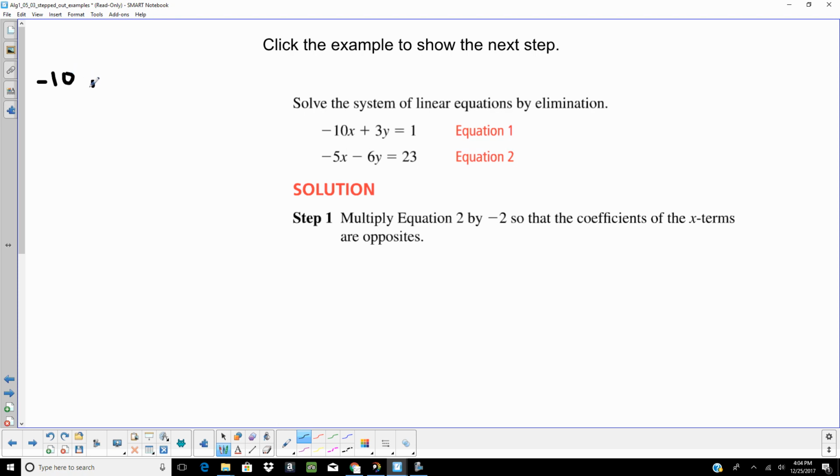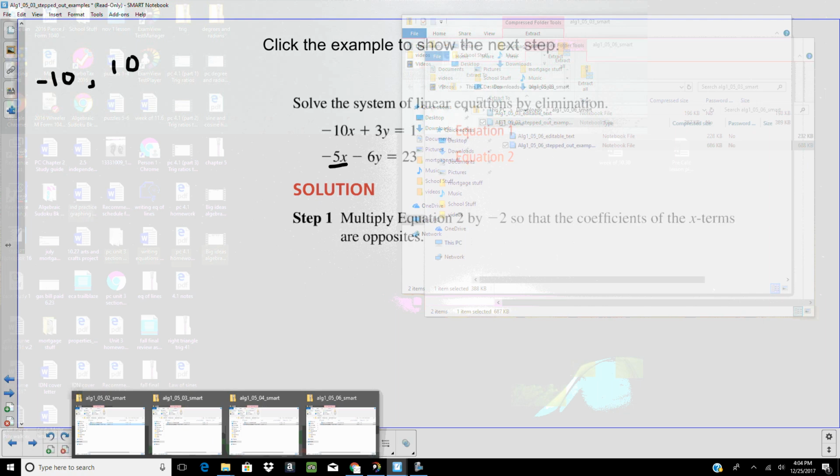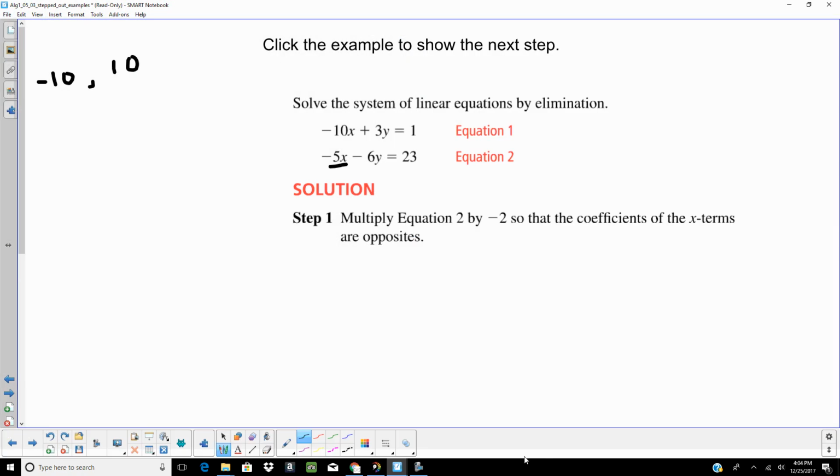The opposite of negative 10 is positive 10. So I need to create positive 10 right there. So what times negative 5 is going to give me positive 10? Well, that's negative 2. That's why I'm going to be multiplying both sides of that equation by negative 2.